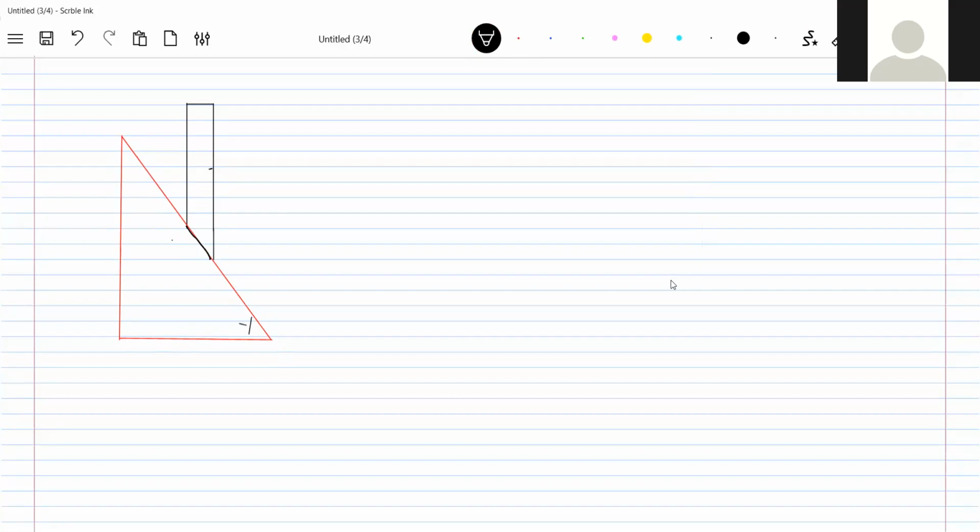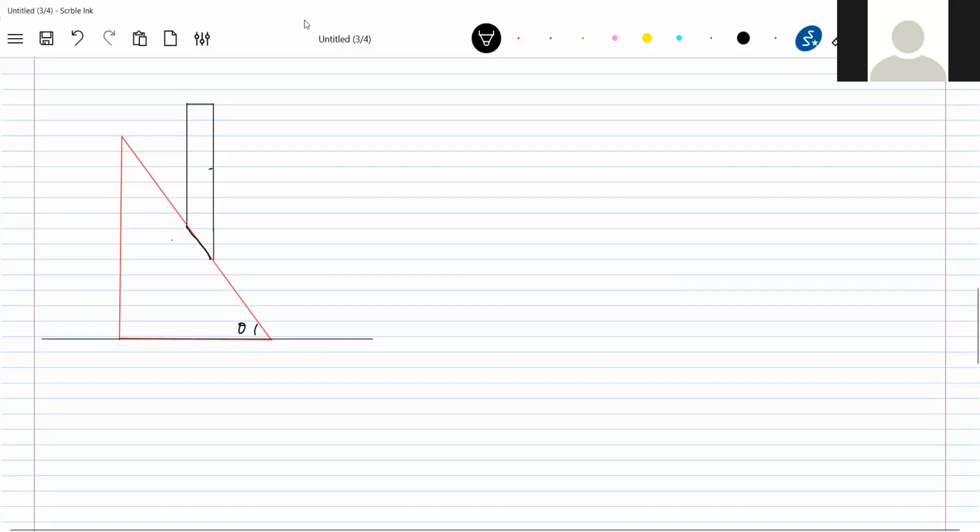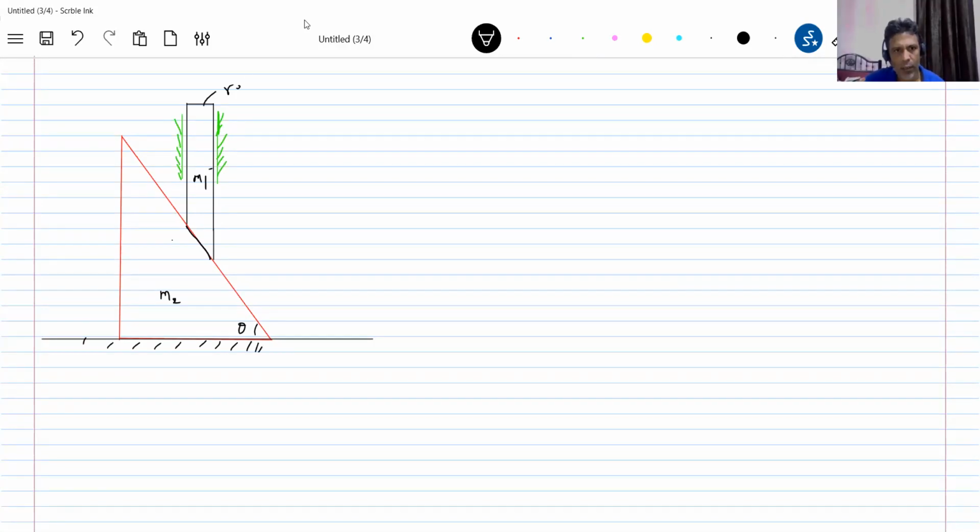This is theta. There's a rod, and there's a wedge.